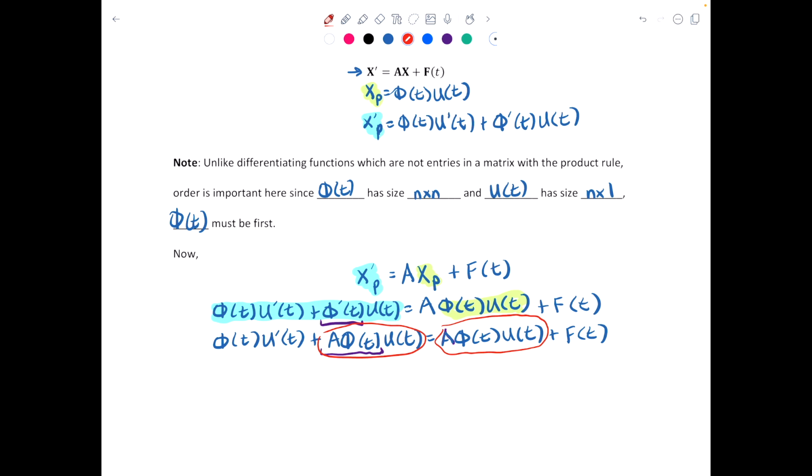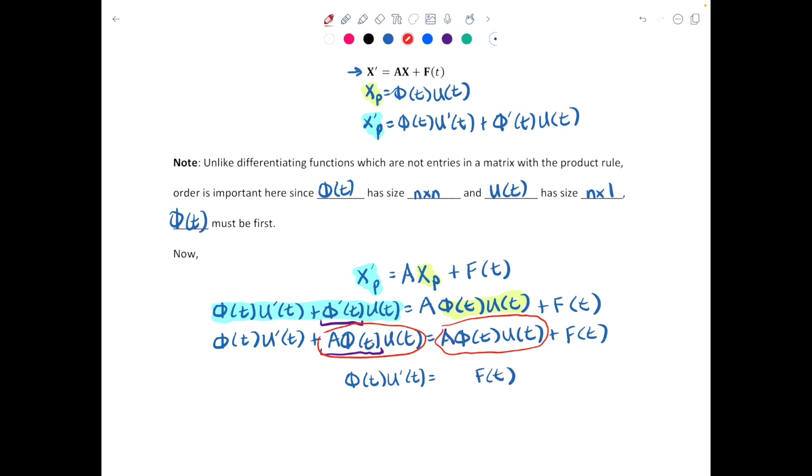And then that would just go away. It becomes a 0 matrix. When you add the 0 matrix to anything, you just get what you're adding to that 0 matrix. So we would end up with phi at t times u prime at t equals f at t.